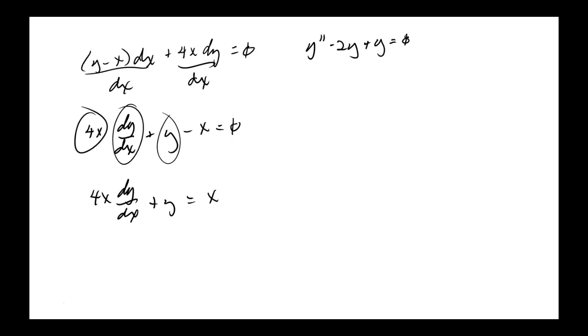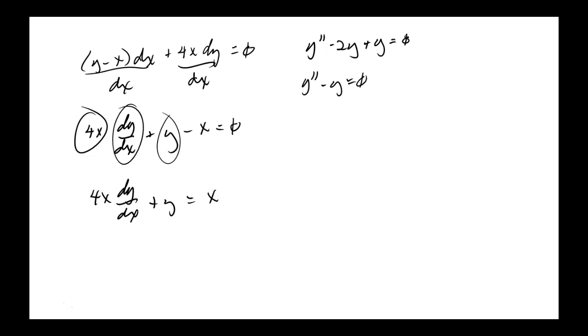Now, if that indeed is how they meant it, then you can rewrite this as y double prime minus y equals 0, and sure enough, that's linear. You can be missing a y term, a derivative of a y term. That's okay. It's still linear. However, I have a feeling they meant that to be a y prime. If that's a y prime, it's still linear. Whichever way it is, those are both linear forms.